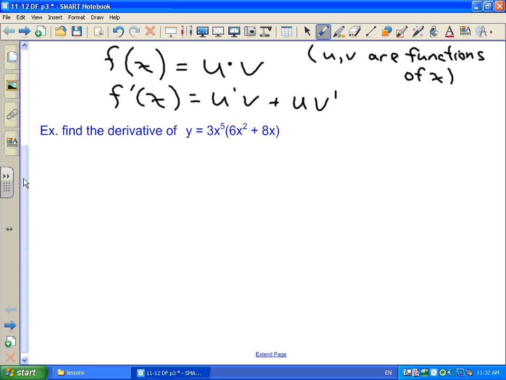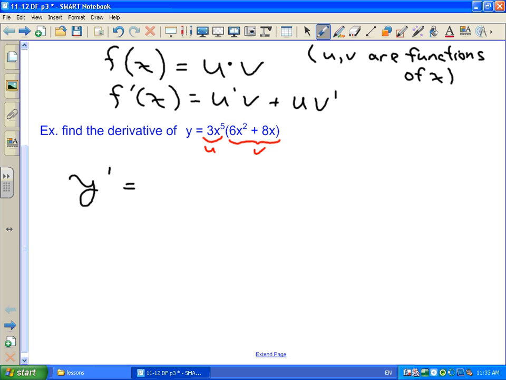The 3x to the power of 5 is going to be our u function, and all of the stuff in brackets is going to be our v function, and both of these are functions of x. Both u and v are polynomial functions of the sort that we've been working with all along. So let's apply our product rule.